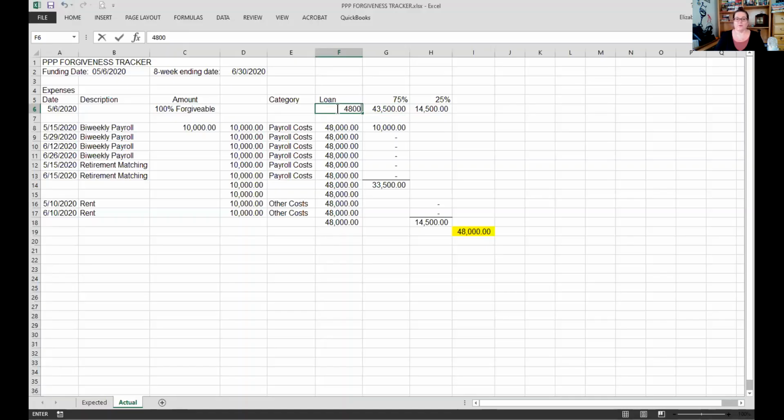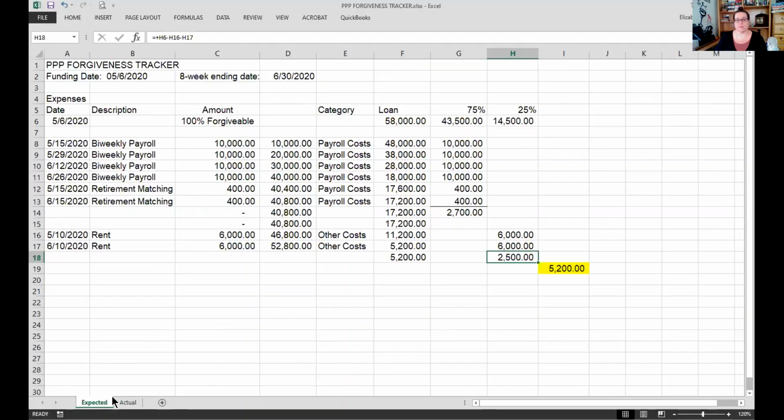If this number was only $48,000, you're looking at only having to spend $36,000 on payroll. So that's why my gut says, while the 75% is going to be on the whole loan, you are still only, no matter how much you spend, you're still going to have to pay that $10,000 back.